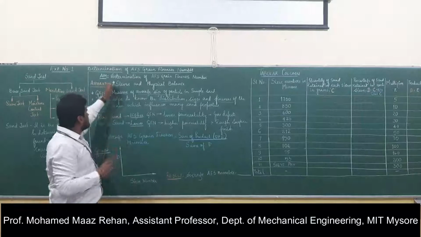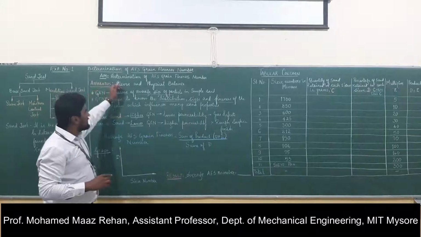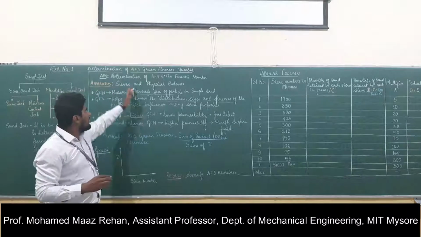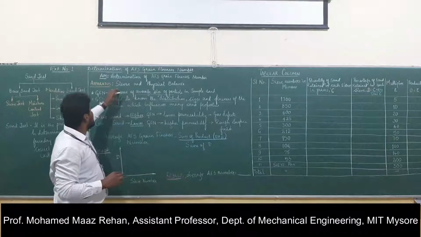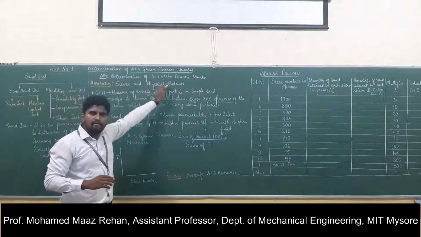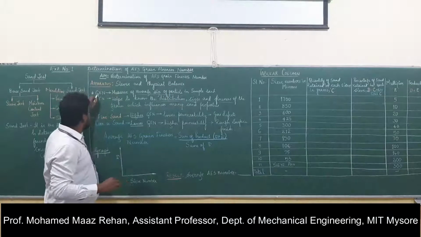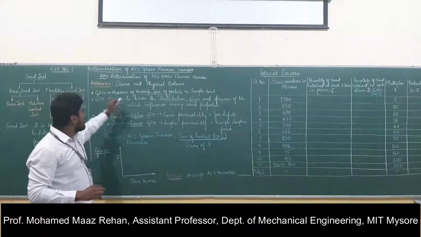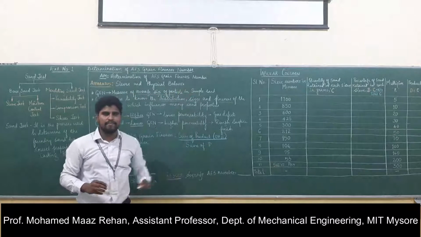Okay, so what apparatus do we require? We require the different sieves and a physical balance. These are all the apparatus required in order to find the AFS grain fineness number. Grain fineness number is a measure of the average size of particles in a sample sand.